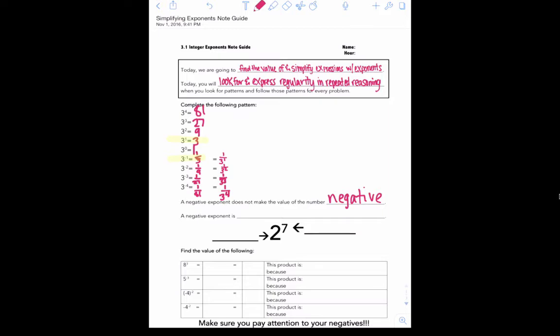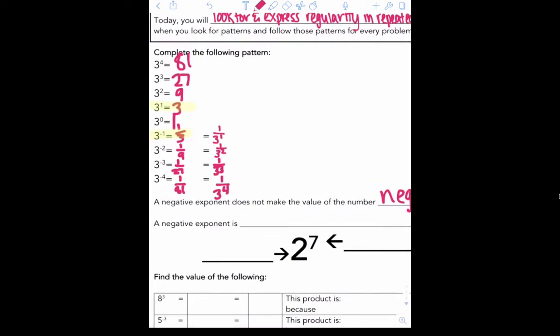However, a negative exponent is the inverse of the positive exponent. And that's what we were just talking about, how 3 to the negative 1st is the inverse of 3 to the 1st. So it's 1 over 3 to the 1st.